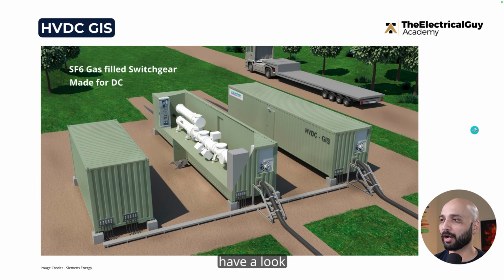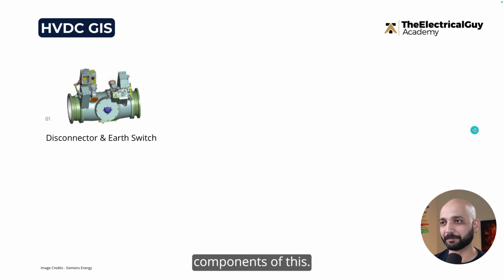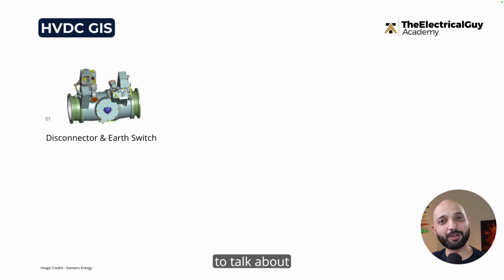Now let us quickly have a look at the components of this. First, the core component in the HVDC switchgear is the disconnector and earthing switch. If we talk about AIS, it would be the circuit breaker. But for DC, it is the disconnector and earthing switch. Again, they do not have the capability to break live current.